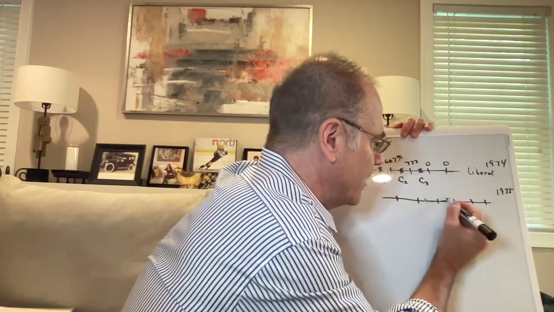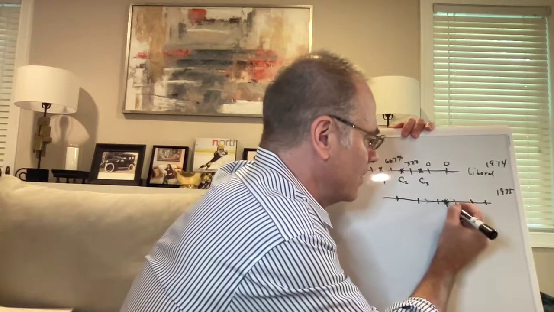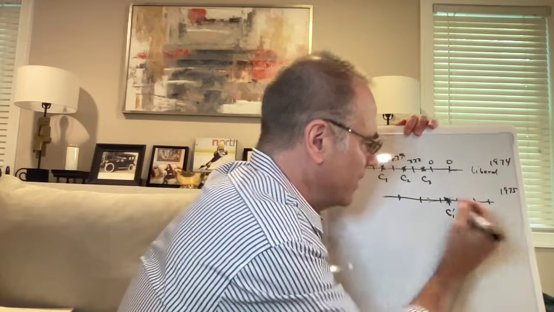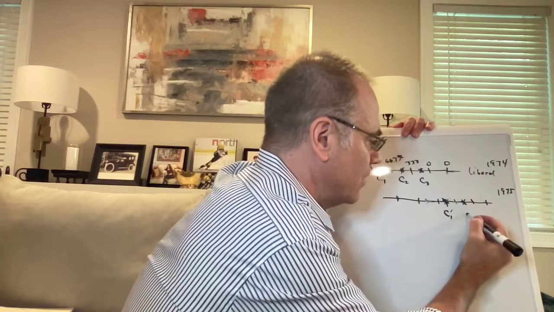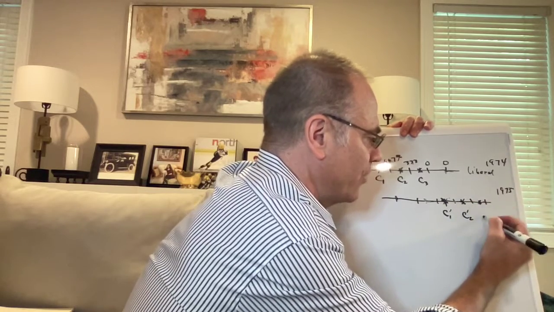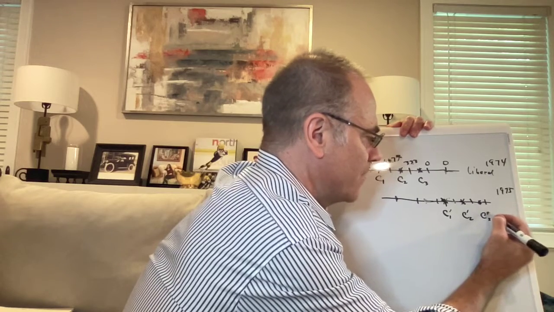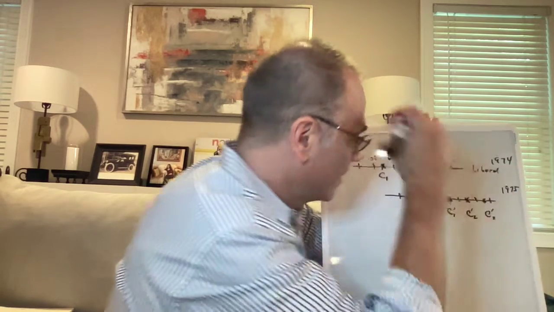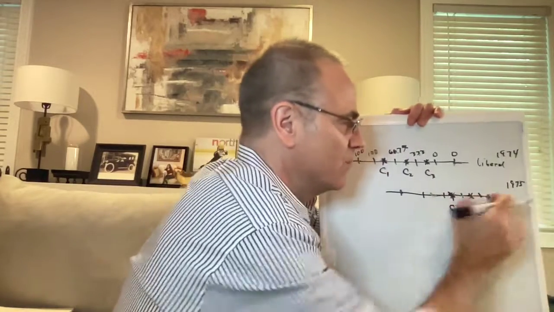So what I'm going to do is have roll call 1 there, roll call 2 here, and roll call 3 here. So notice I've shifted the cut points really a lot in the liberal direction.